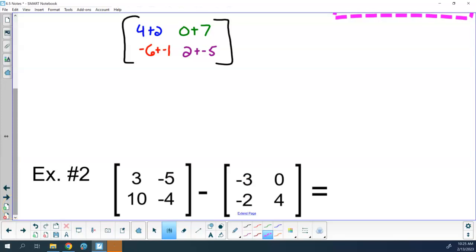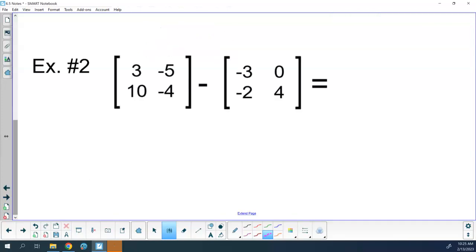With that being said, you try this one. First question is, are they the same size? Visually, they look to be exactly the same. Mathematically, they are both 2 by 2 matrices, which is going to result in a 2 by 2 matrix itself. So in my first element, row 1, column 1, I would have 3 minus -3.